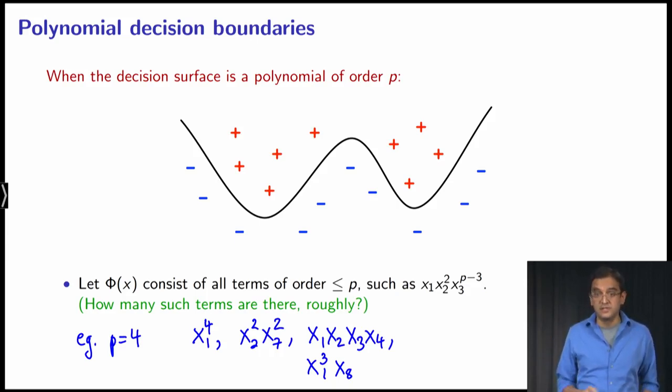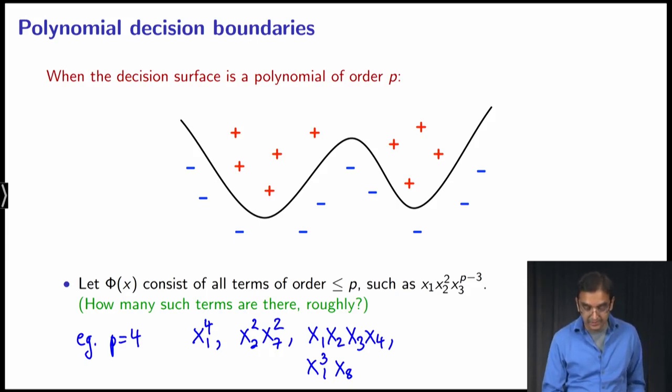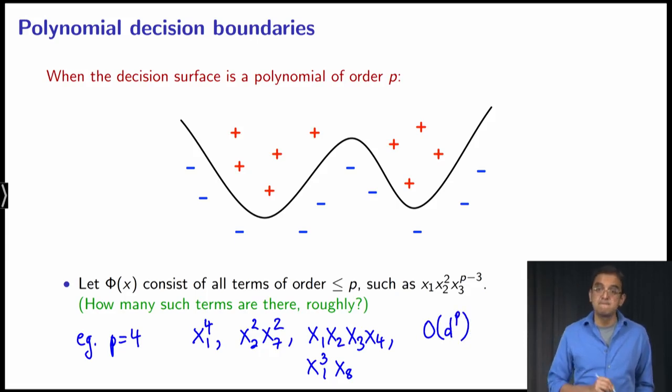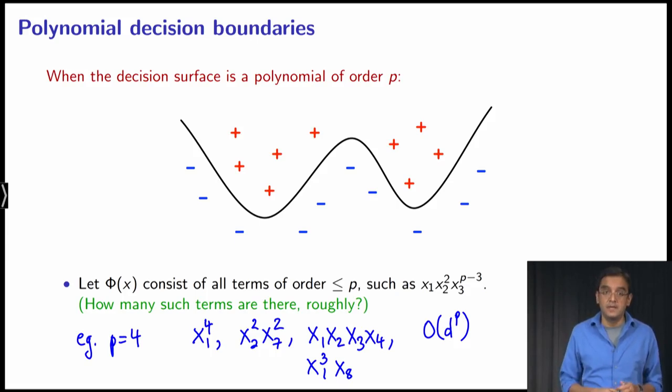There are a lot of such terms. It turns out that the number of such terms is roughly d to the p, where d is the size of the original vector, and p is the degree of the polynomial.